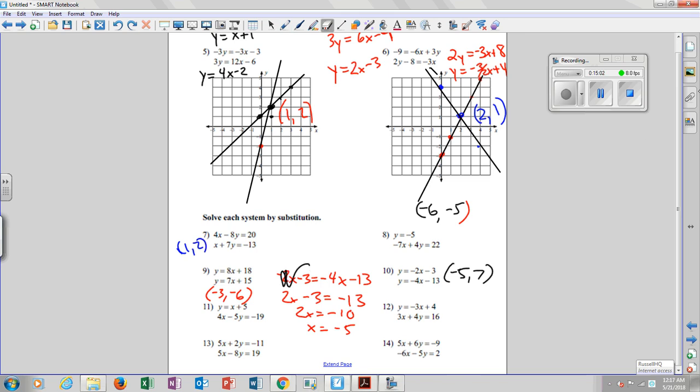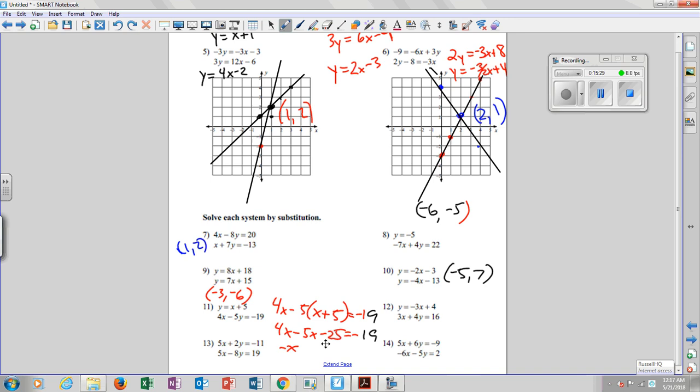Number 11. y equals x plus 5. That's great because we can just plug that in for y. We have 4x minus 5 times x plus 5 equals negative 19. It's going to be 4x minus 5x minus 25 equals negative 19.